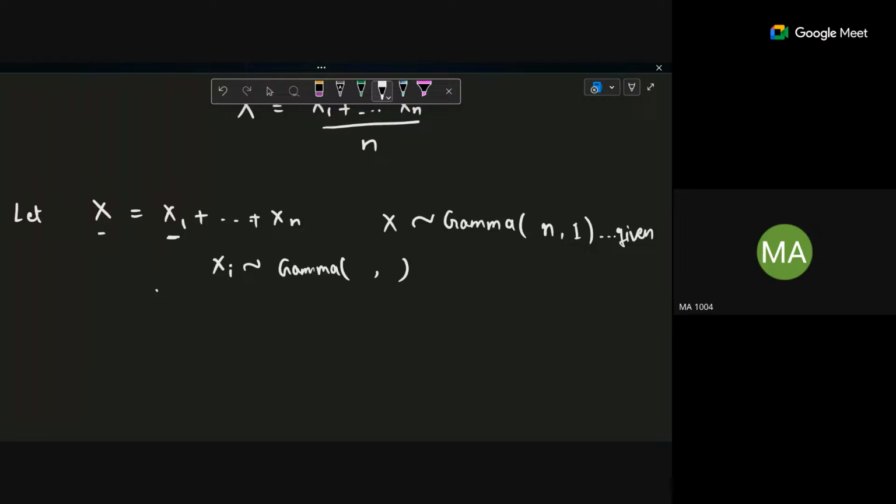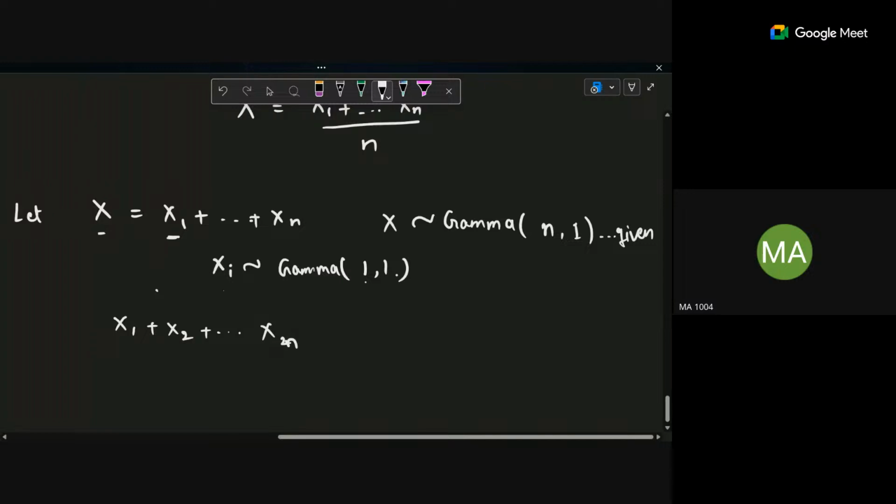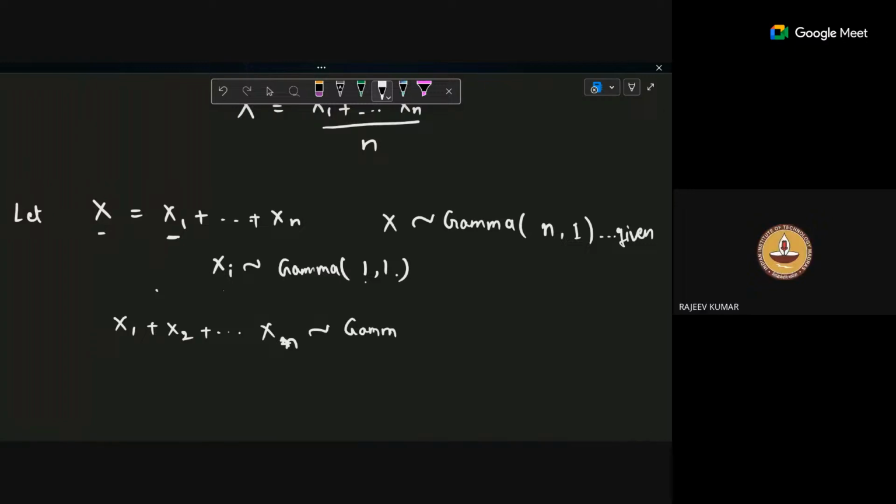You might remember that if these xi's are following alpha, beta, then what might be the distribution for capital X? If I am taking it as 1, 1, then you may remember that this sum will follow what? Anyone know about this? Exponential. No, not exponential, that's a different result. Gamma distribution with n alpha, beta.